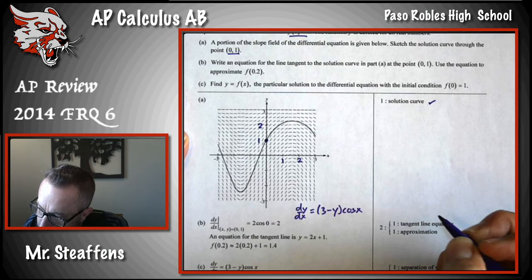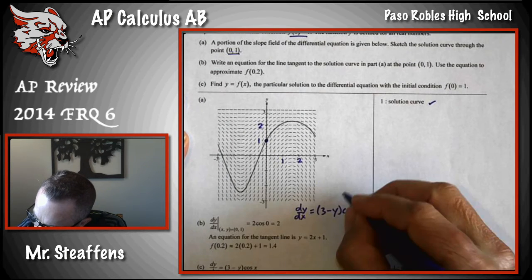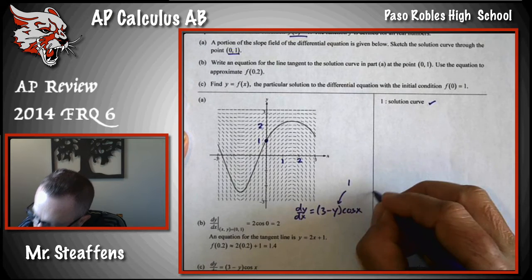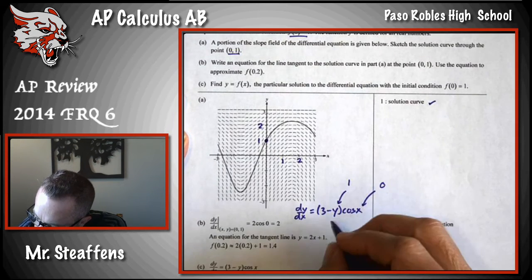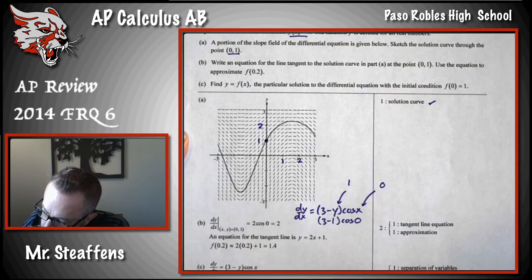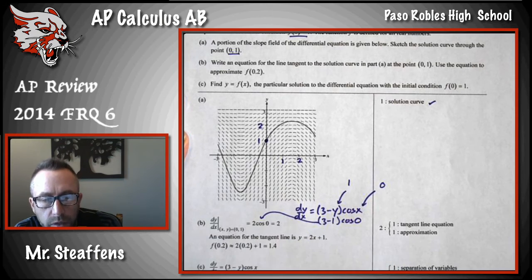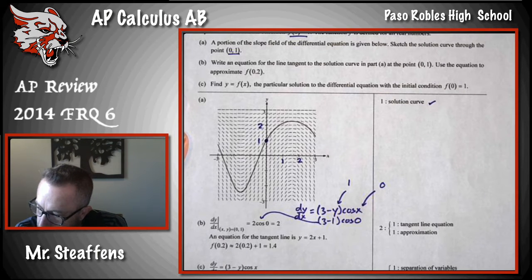If I'm going to find the tangent line at 0, 1, then I'm going to put a 1 in for y and a 0 in for x. So that's where you get 3 minus 1 times the cosine of 0, which is where they get this answer right here. 3 minus 1 times cosine of 0 is 2 times cosine 0. Cosine of 0 is 1. So the slope is 2.